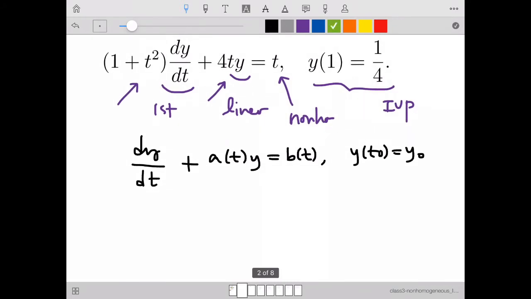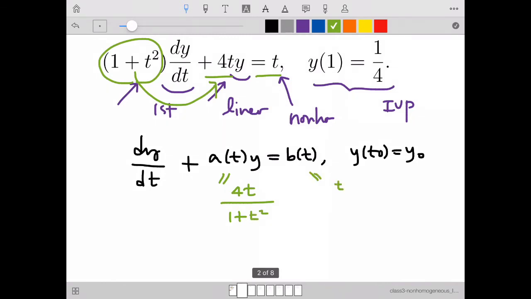So since we have this, we will have to divide. So a(t) is 4t over 1 plus t squared, and b(t) is t over 1 plus t squared. And t0 is 1, and y0 is 1/4.